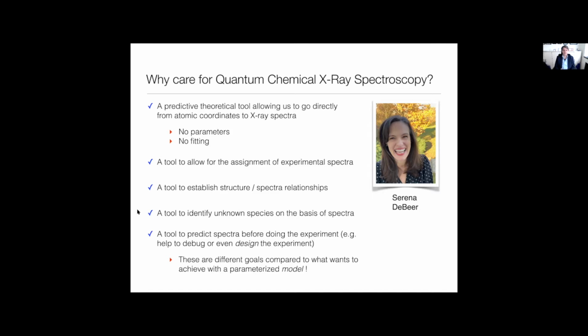You can change parameters if you want, and within fractions of seconds, of course, you can generate thousands of spectra, whereas with quantum chemistry, of course, it's a much, much more elaborate calculation.